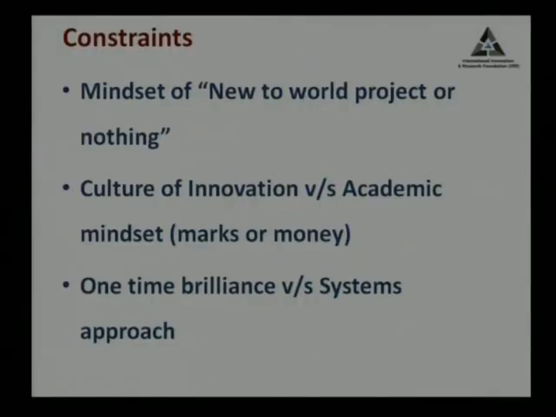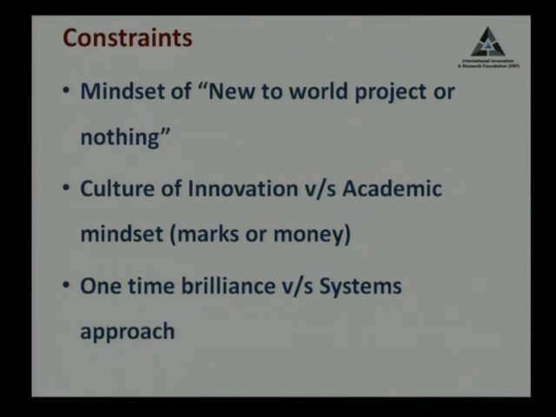And the last one is one-time brilliance versus a systems approach. So when we were talking about that, we were looking at one-time brilliance. It normally happens in an engineering college that a lot of young people are talented and they come up with brilliant ideas on their own.